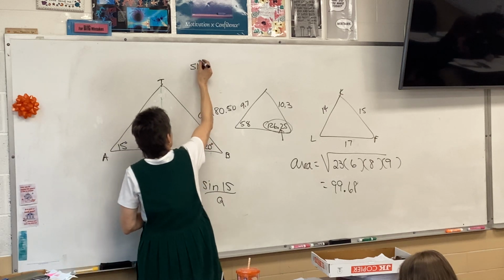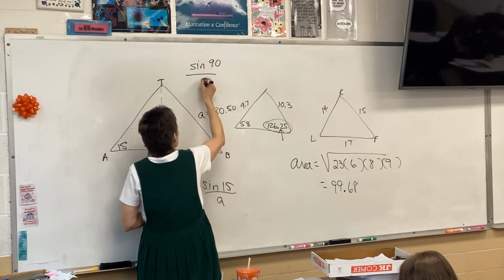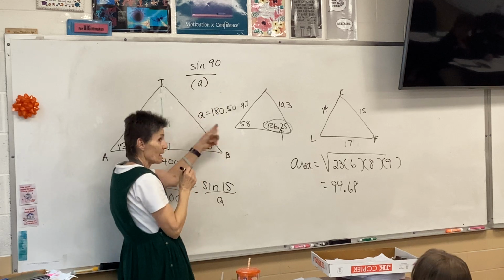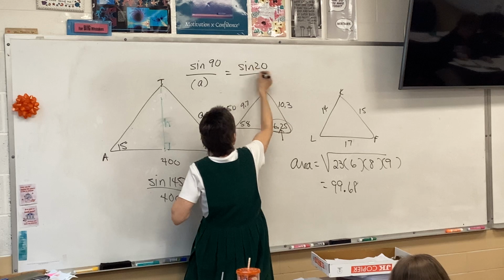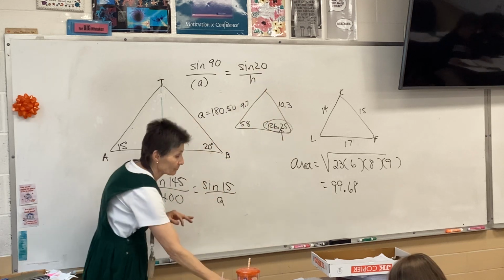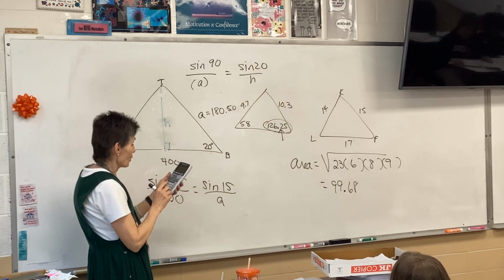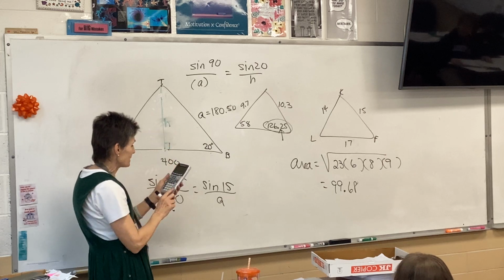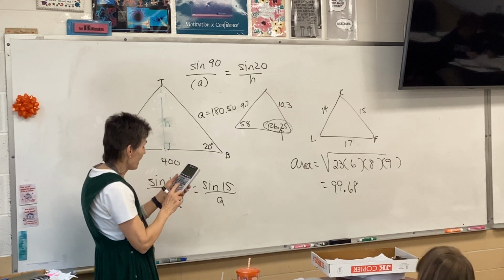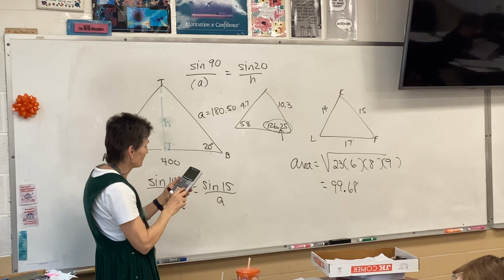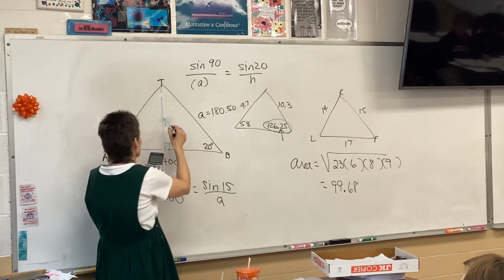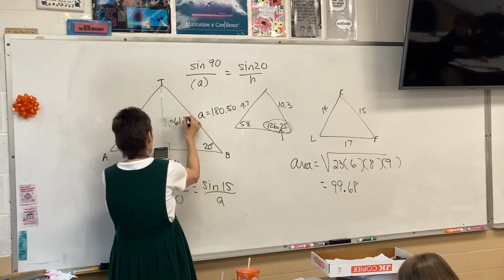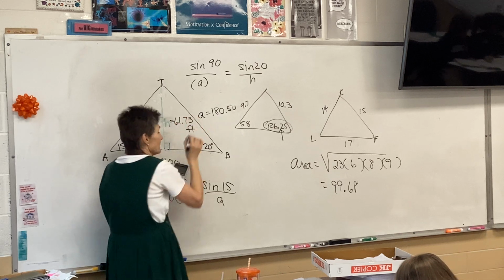But I can say sine 90 over the number that's in my calculator equals sine 20 over h. So I'm going to take the number that's in my calculator times sine 20 and divide that by sine 90, and this is 61.73.